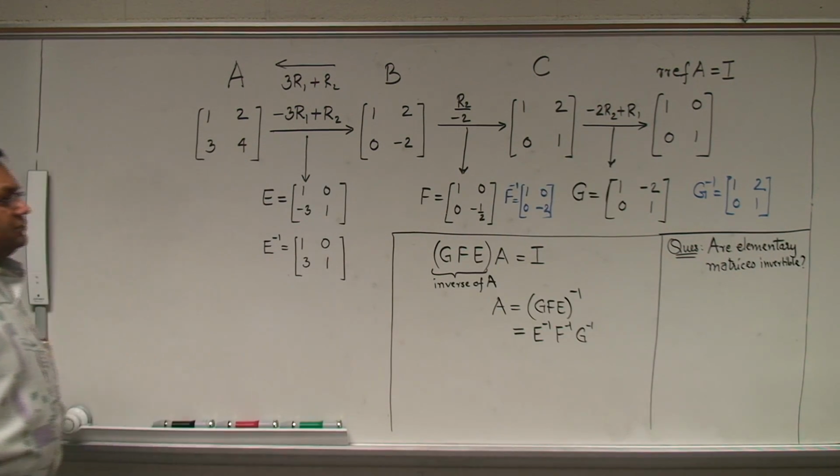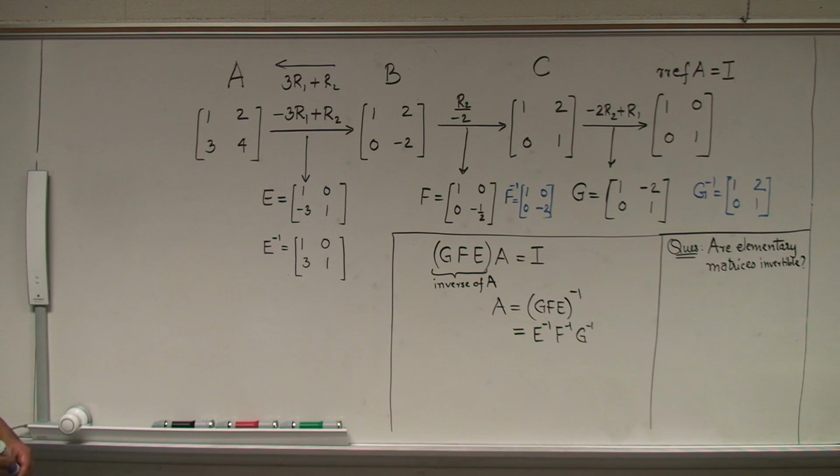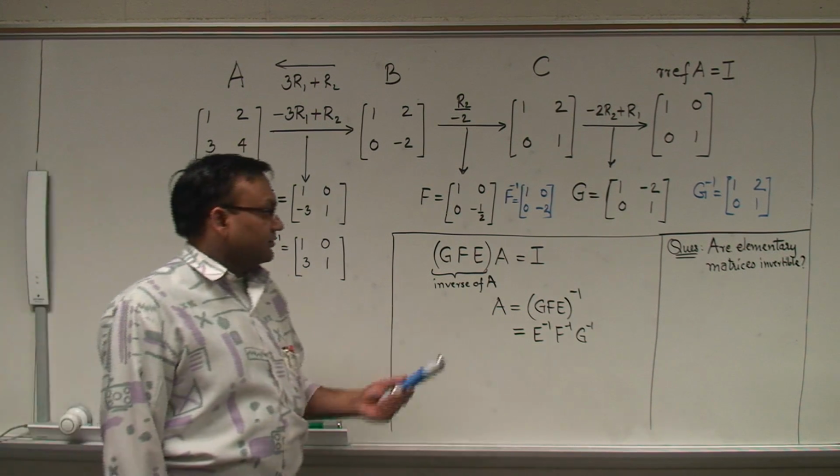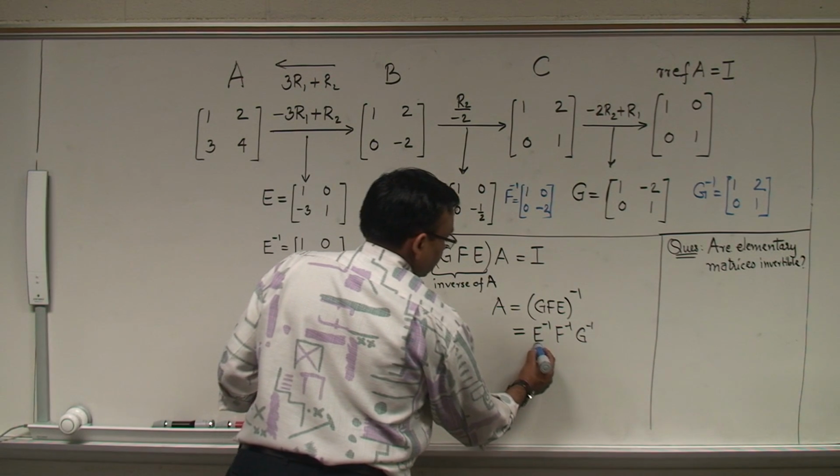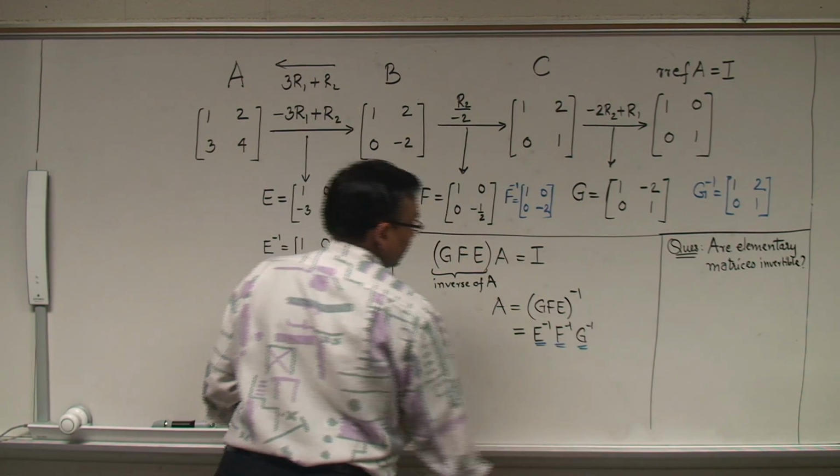So this would be your G inverse. Okay? So this way, any operation that is a row operation can be undone by basically reverting exactly what you did. So all the elementary matrices are invertible in that regard. That is why I have no problems in getting what I want from here.